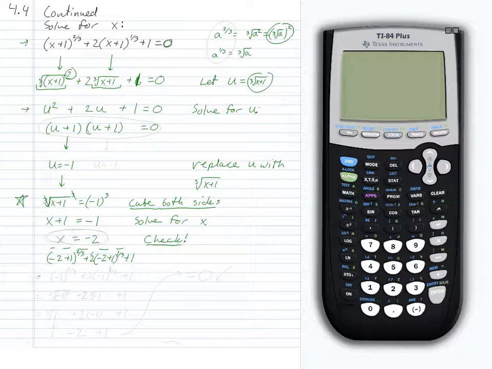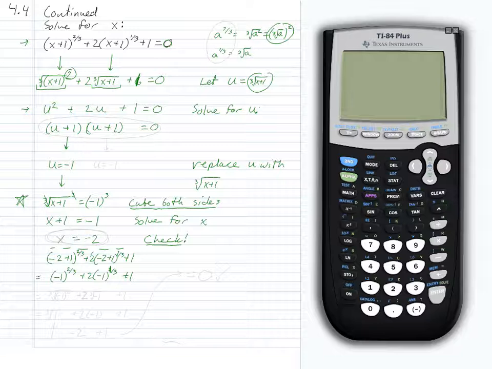This is going to be a little tricky to simplify, but exponents come first. So -2 plus 1 is -1, to the 2/3, plus 2 times -1 to the 1/3, plus 1.